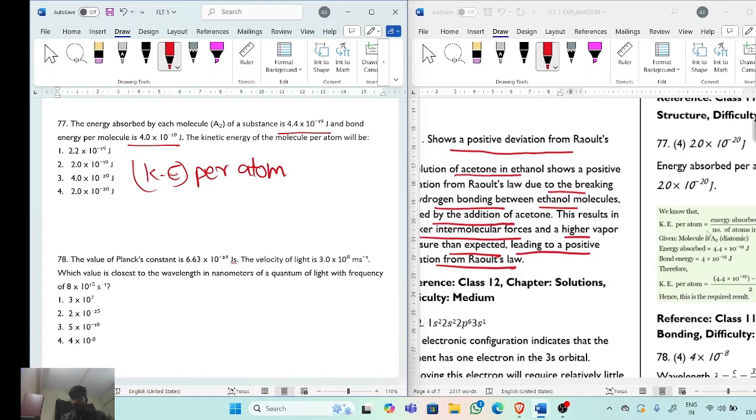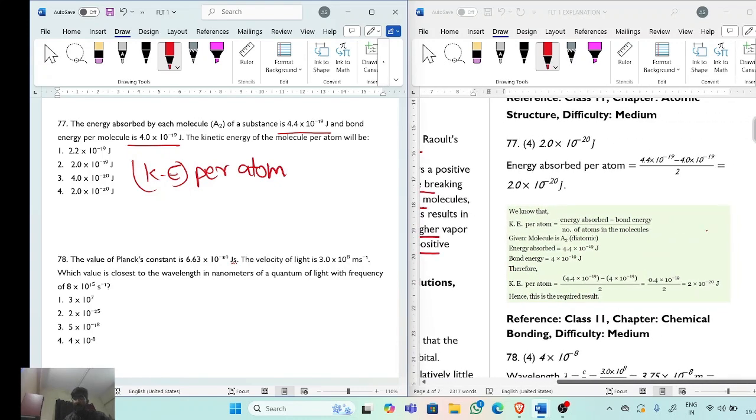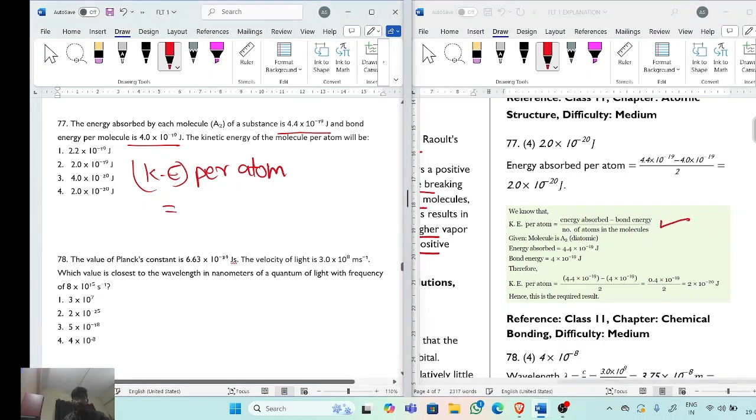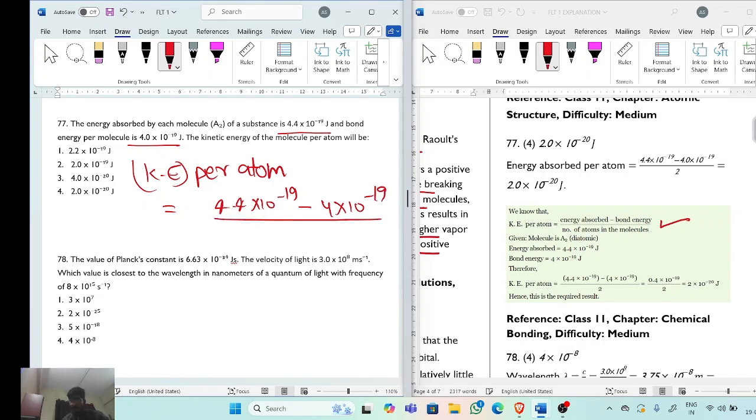So let's check here. The kinetic energy will be energy absorbed minus bond energy divided by the number of atoms in the molecule. We will use this formula, and we know the energy absorbed is 4.4 into 10 raised to the power of minus 19 joule minus bond energy, which is 4 into 10 raised to the power of minus 19 joule, and the number of atoms in the molecule.